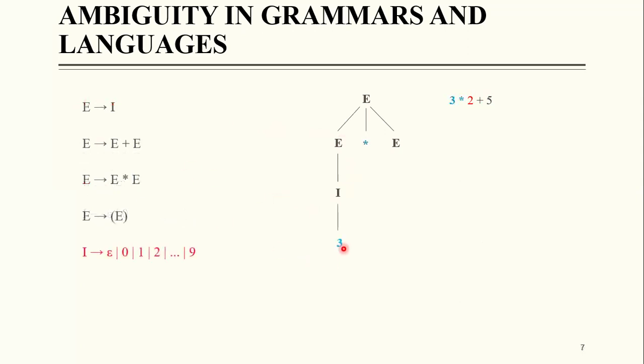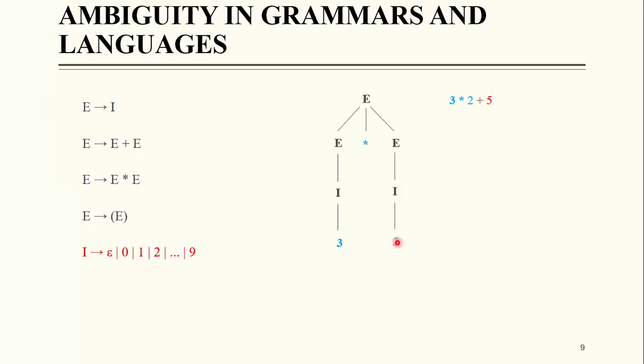So now I got 3 star. Next I want to get 2. So again I have chosen E derives I. Again I derives 2. But unfortunately here I cannot construct the parse tree any further, because here 3 is a terminal, I can't do further, and the star is a terminal, I can't do further.